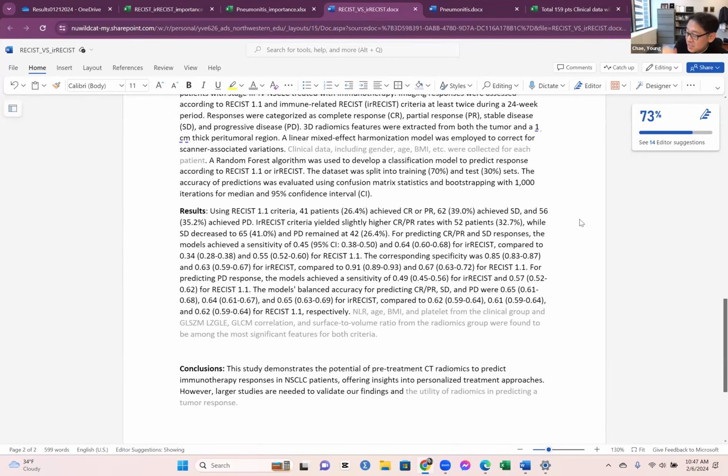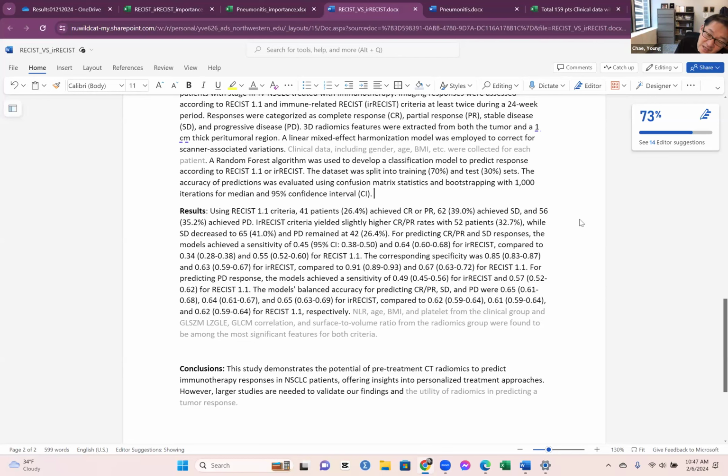So when you say disease control, it's PR, CR, and stable disease for at least 6 months. That's usually our definition in many different papers. That's the consensus. Here it's not. Here SD is just SD at first scan. And that SD could be a 19% cancer increase in its largest diameter, because the 20% is the cutoff.